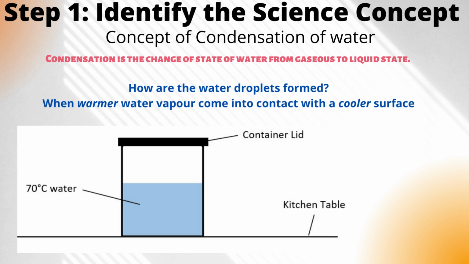That is what we need to remember: condensation is the change of state of water from gaseous state to liquid state, and for that to happen, warmer water vapor must come into contact with a cooler surface.